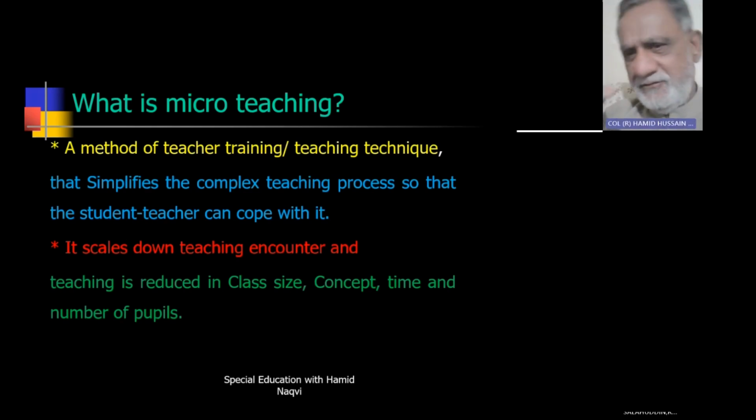And your number of students will also be reduced. So go and practice how to teach for 15 minutes or 12 minutes or 20 minutes. And progressively we increase the time till we think that he or she is mature enough to take now a 35 minutes class.